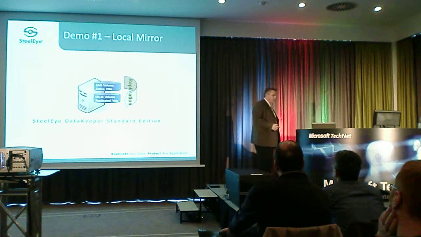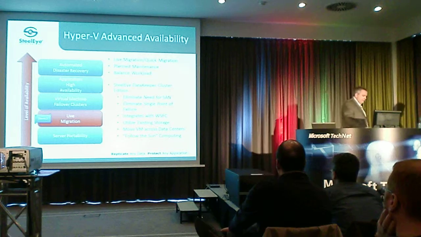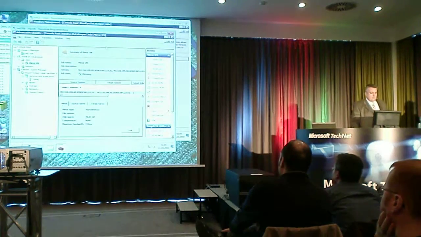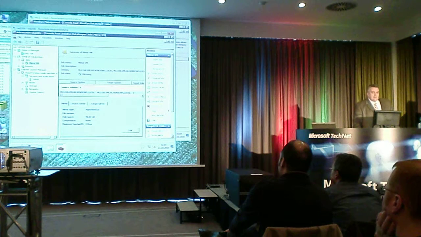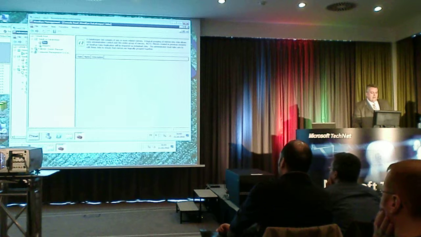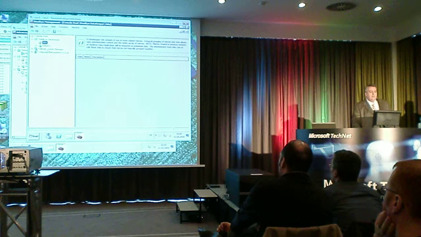So I'm going to show you how to enable that solution. I'll switch over here to the demo. Okay, so we'll start here, I mentioned that we are an MMC snap-in, so I've built a console and I've added SteelEye DataKeeper along with Failover Clustering Manager into this console.